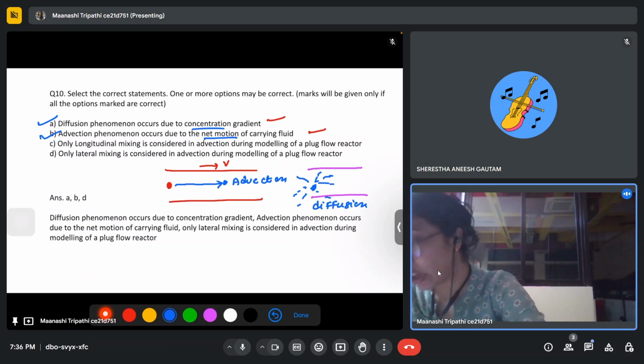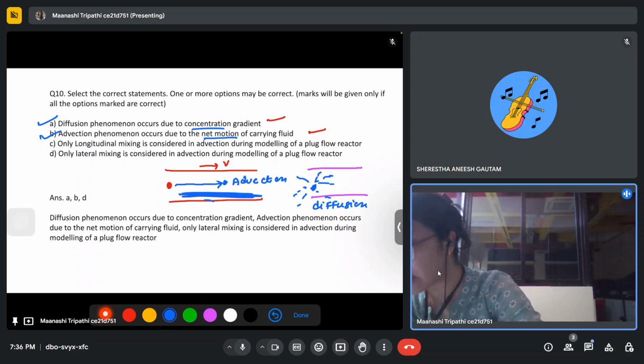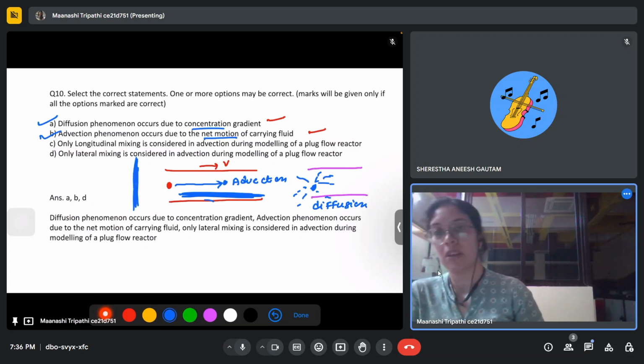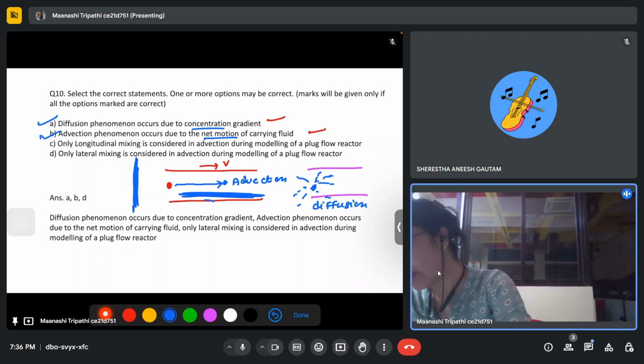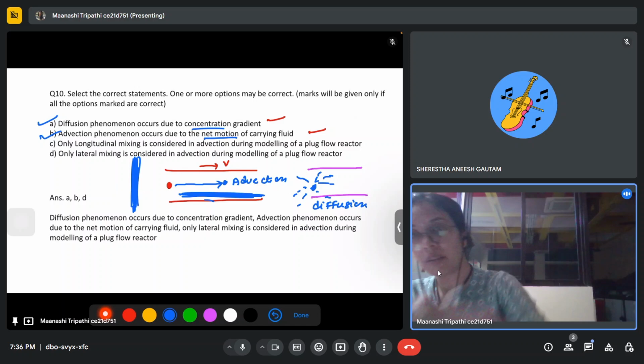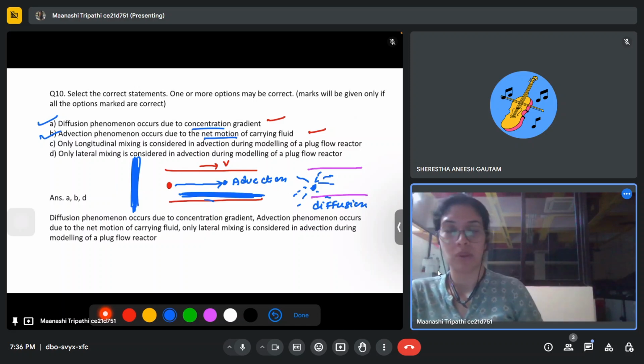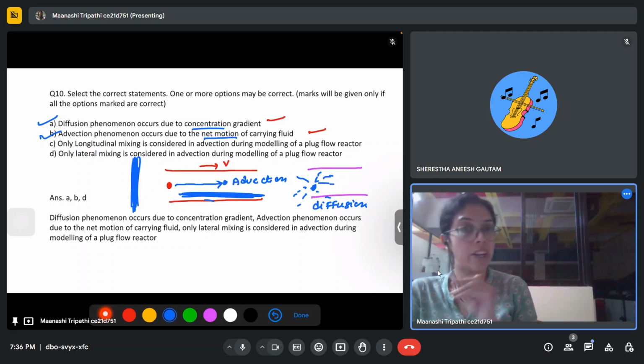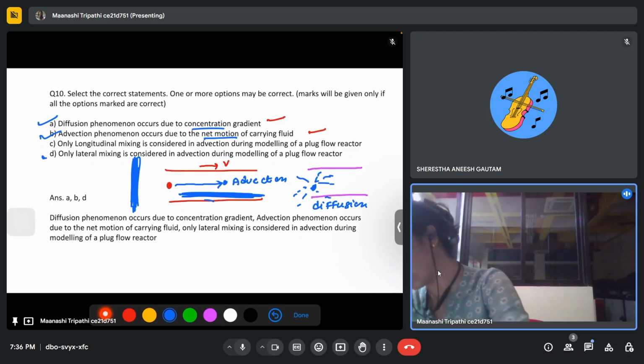Longitudinal mixing is mixing in this direction. And what is lateral mixing? Lateral mixing is mixing in this direction. So in advection, only lateral mixing is considered, mixing in up and down direction, not in the direction of flow. So that's why option D is correct.